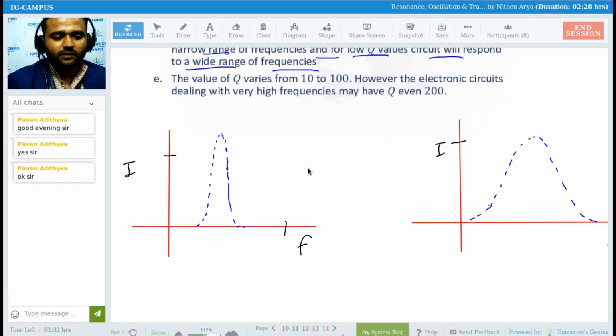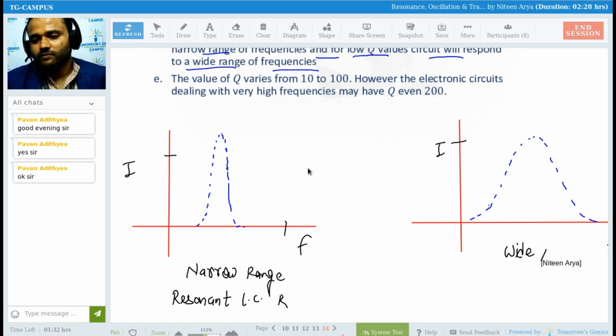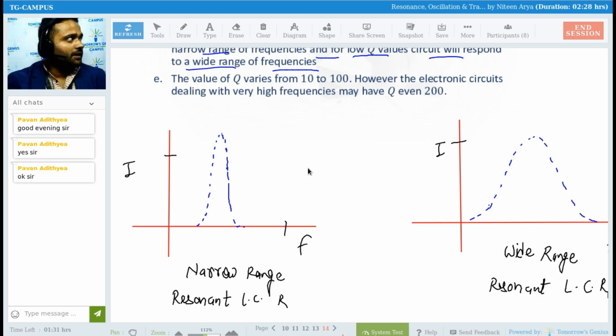So this is a narrow range frequency, a narrow range resonant LCR, and this is a wide range resonant LCR.